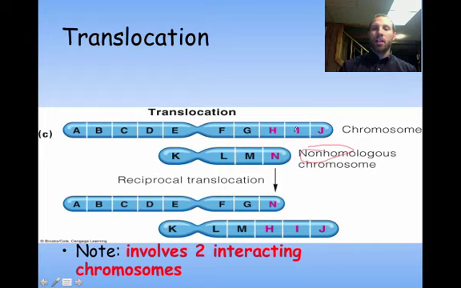Gene N and gene HIJ contain different traits, different characteristics. They're not supposed to be on different chromosomes. When that happens between non-homologous chromosomes, it can lead to negative effects. So this first chromosome is supposed to have HIJ afterwards. Now it has N. This one has HIJ. That's not correct, and that's considered a mutation, a translocation.